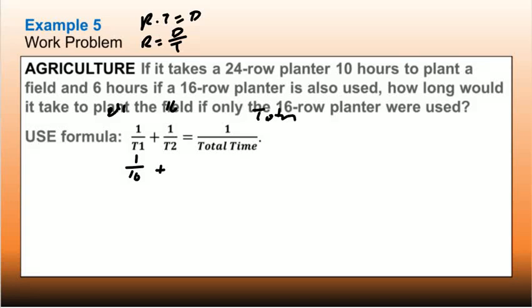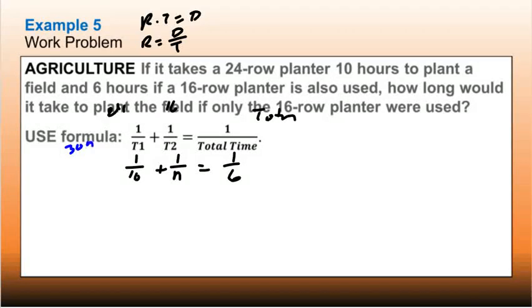And we don't know what the second one is, so I'm just going to use 1 over n here, equaling the total time was 6 hours. So now I have to think, what do I multiply? Throw it to the least common denominator. The least common denominator of 10, n, and 6 would be 30n.